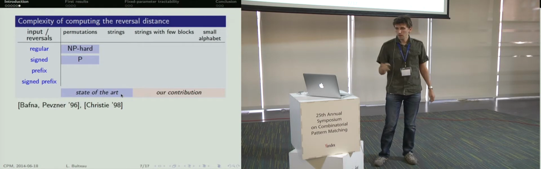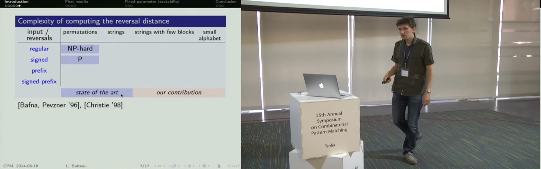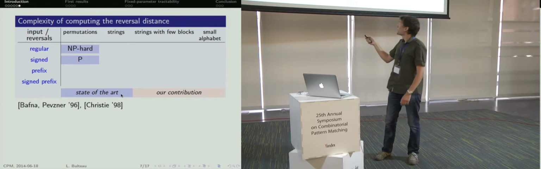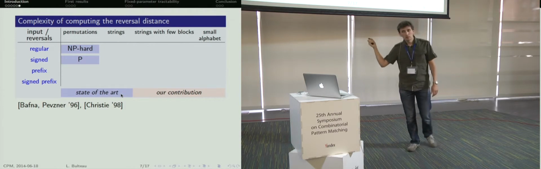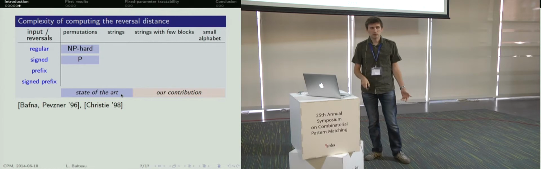Yeah. So the results in this field, we're not the first ones to look at reversal distance, obviously. For permutations, that is, where we've got no duplication at all, it's NP-hard for the normal distance. It's polynomial for the signed variant.